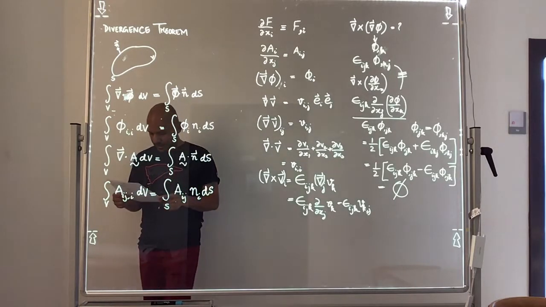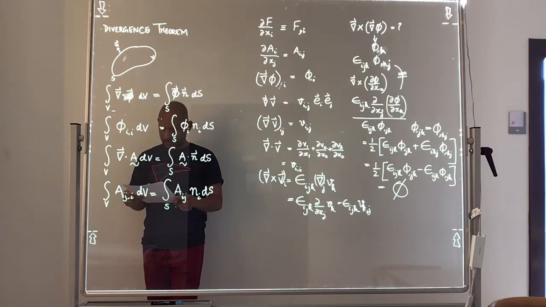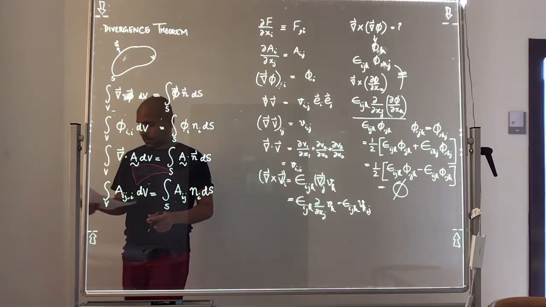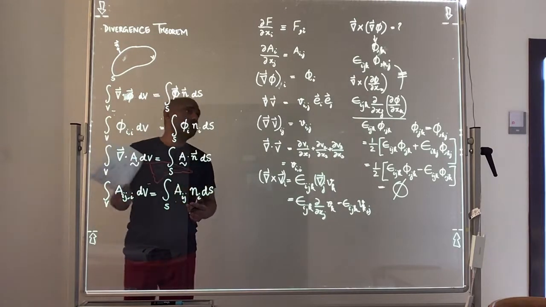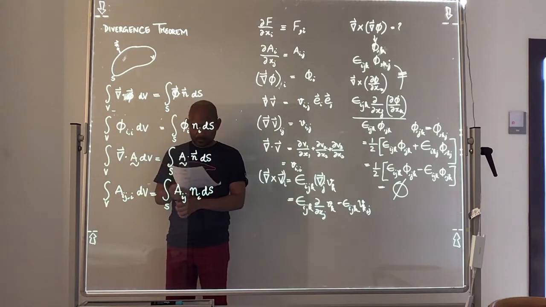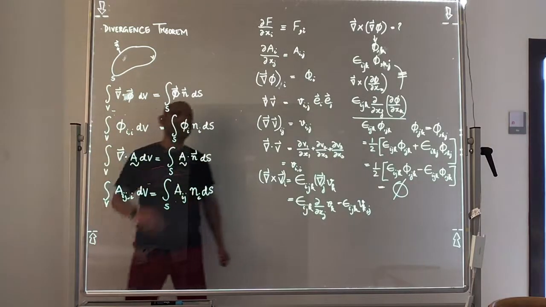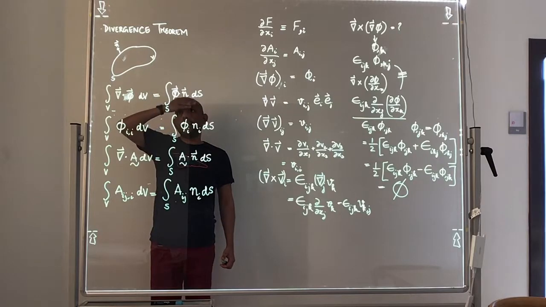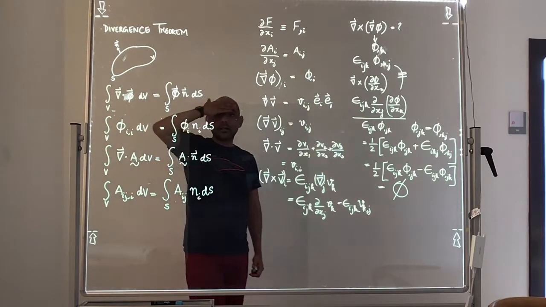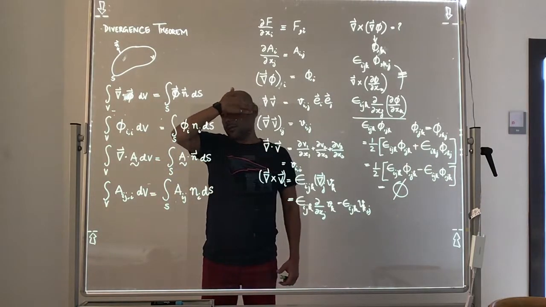Okay? And that's the index notation version of the divergence theorem, or Green-Gauss-Ostrogradsky theorem.